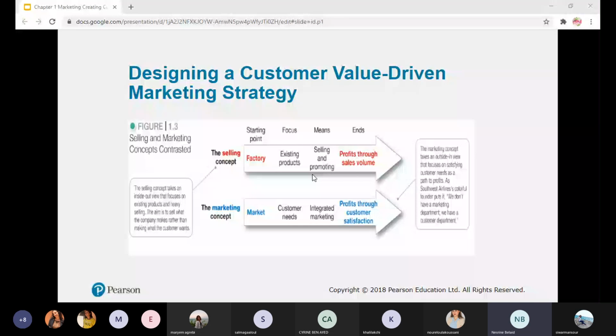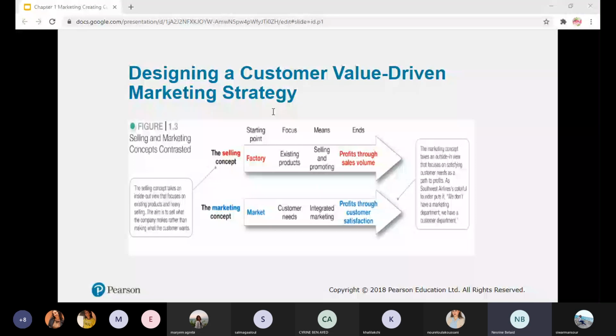That means we don't have a marketing department, we have a customer department, like Herb Kelleher said. The marketing concept starts with a well-defined market. It focuses on customer needs and integrates all the marketing activities that affect customers. In turn, it yields profits by creating relationships with the right customers based on customer value and satisfaction.